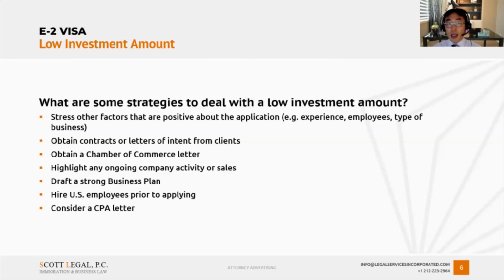A CPA letter can also be used. This type of letter basically says the accountant reviewed the financials of your business, and based on their experience, the investment amount is sufficient to operate the business. You could be more creative to strengthen a low investment case, but these are the typical ways we recommend.